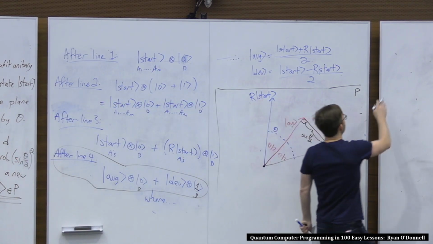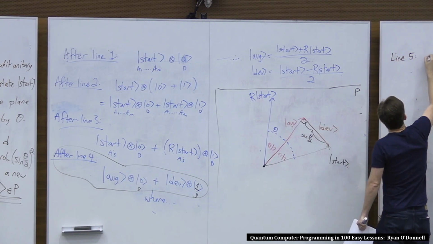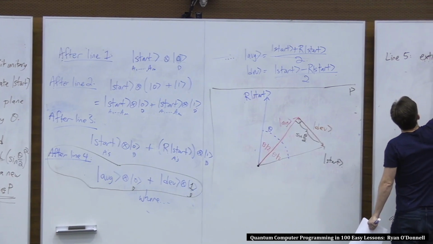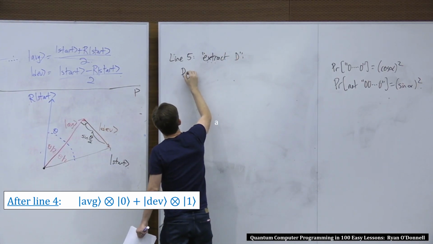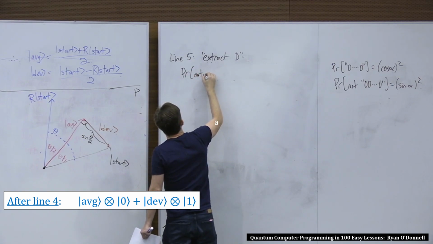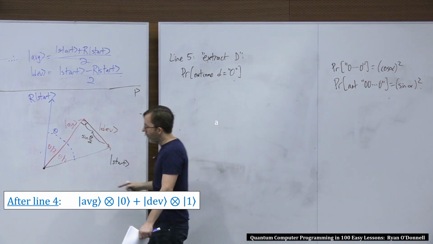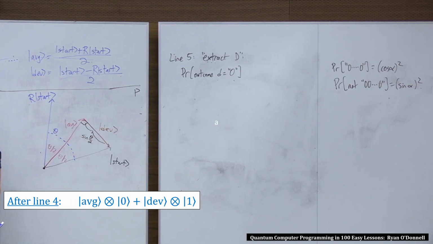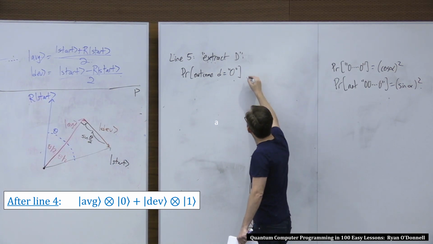And I hope you remember in line 5, when we extract D, what is the probability that you see outcome D to be 0? It's basically this thing's length squared. That's something we saw maybe 2 lectures ago.